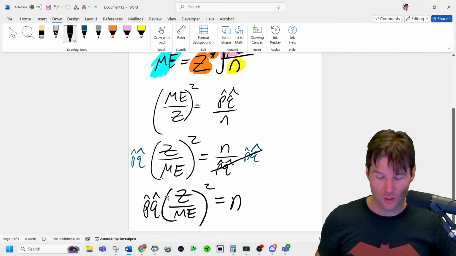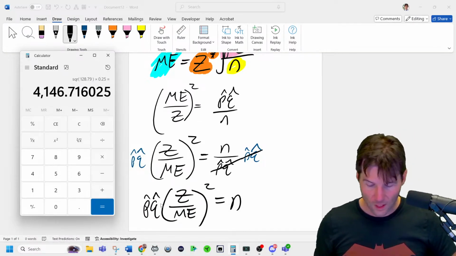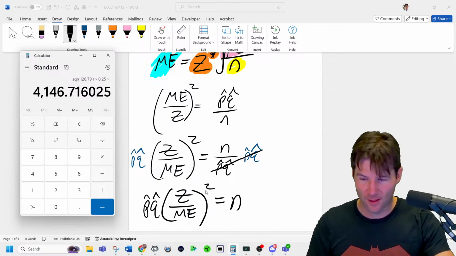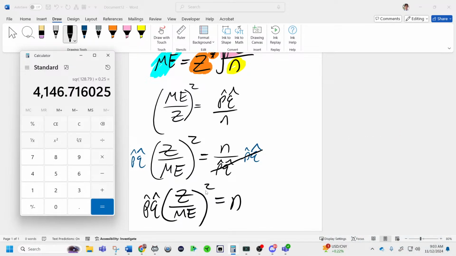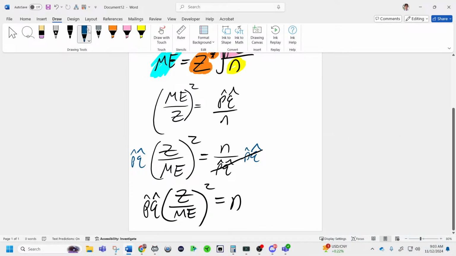With this equation, what you'll notice is I just plug in my numbers. I'll write them down right here. Here's the solved version over here. Formula? Yeah, we'll be doing the formula in a moment. 0.5 times 0.5, and then the z was 2.5758 over the margin of error 0.02.